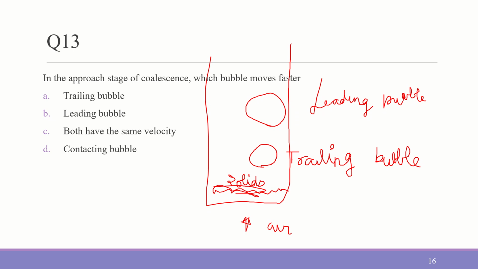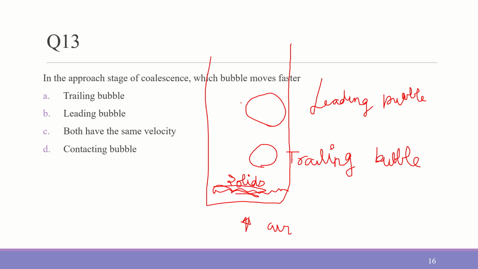Now in the approach stage, the trailing bubble moves faster, trying to collide with the leading bubble. It tries to catch up with the leading bubble so that they can coalesce.